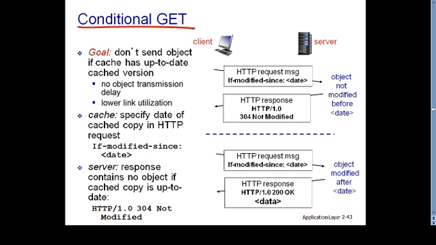So when a different client wants the same web page which was required by another client some time back, that second client can get that web page from the proxy server if it is not modified.